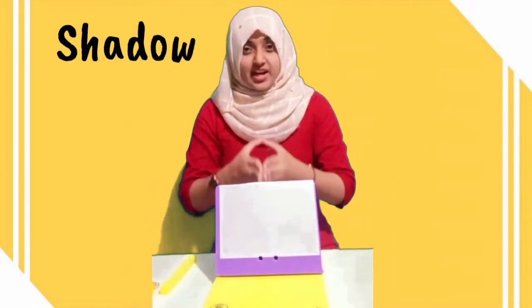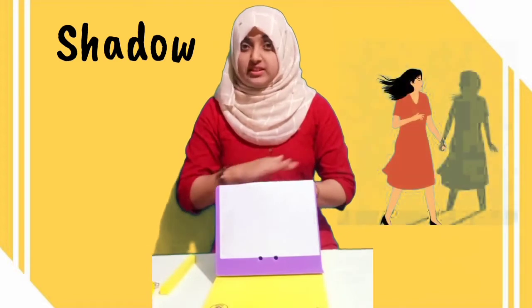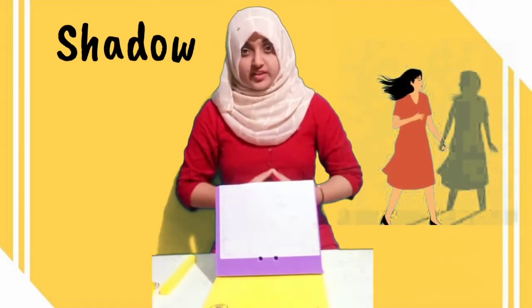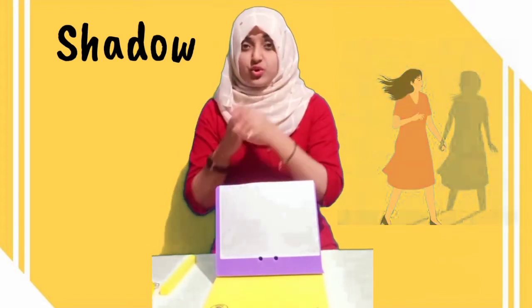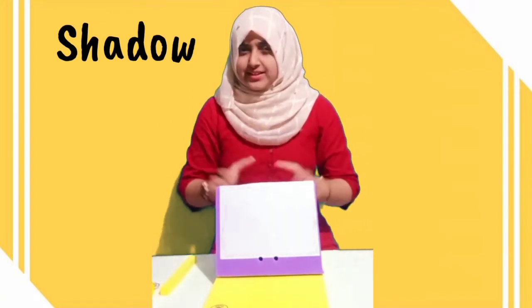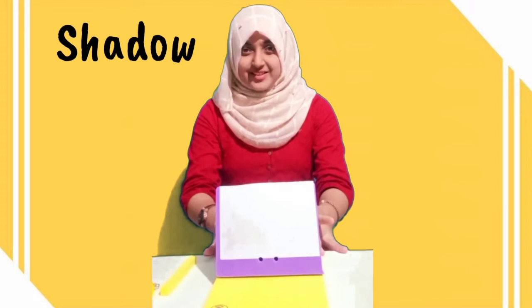The light gets blocked by these opaque objects, and hence a dark patch is formed on the ground, which is nothing but the shadow. So shadows are formed on the ground or any other surface when light falls on an opaque object.